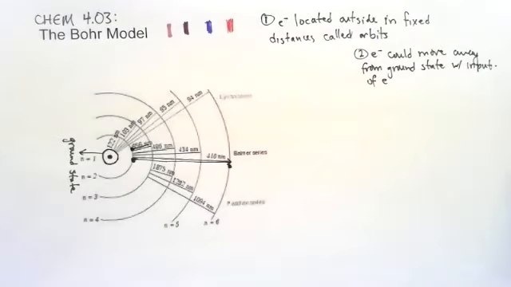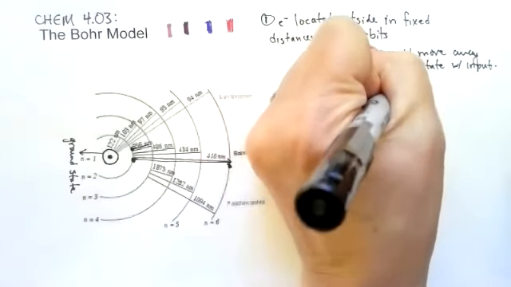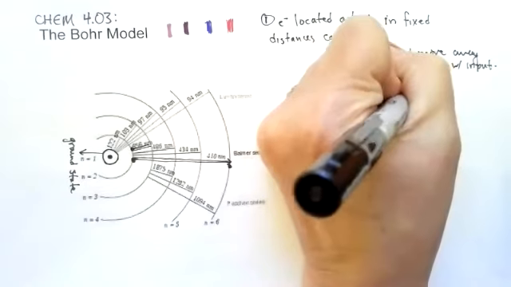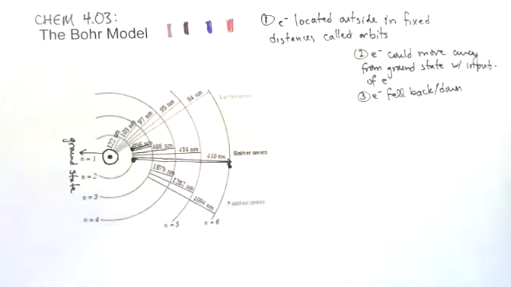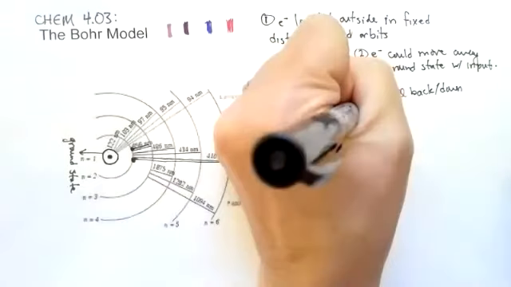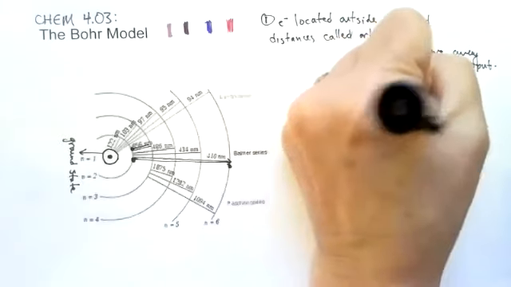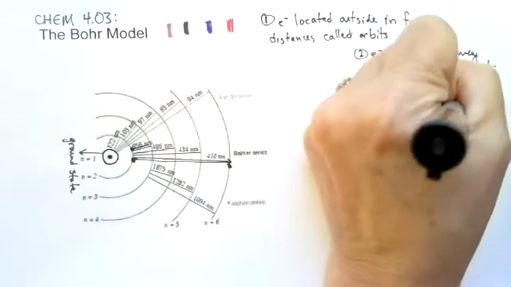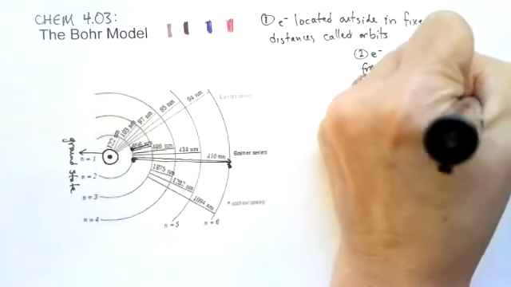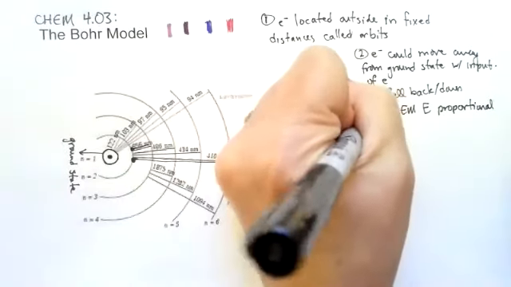The electrons didn't want to stay there, and so they would fall. And when the electrons fell back or down, however you want to characterize it, they would release electromagnetic energy proportional to the distance they fell.